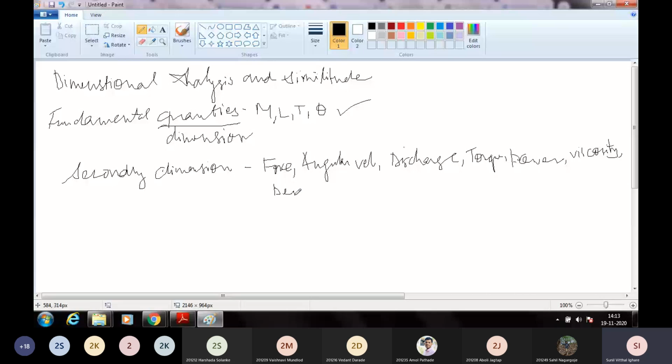So these are nothing but the secondary dimensions. These depend on other physical quantities. We will see them one by one.